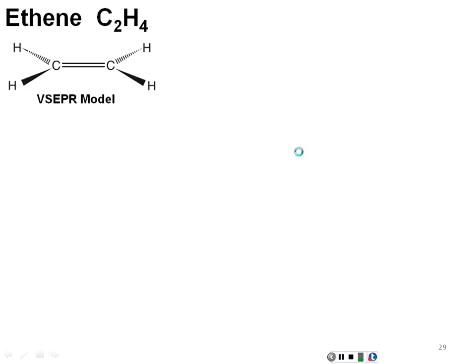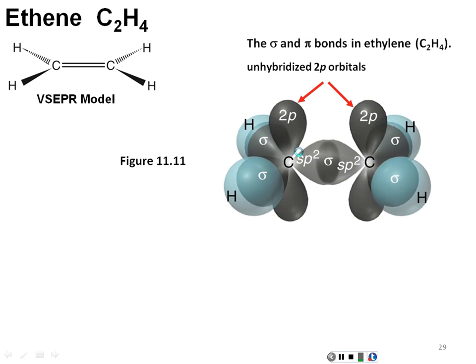So let's look at ethene this time, when we remove 2 hydrogen atoms and a carbon-carbon double bond is now formed. So our VSEPR picture of the molecule would look like this. And you'll notice that both carbons now have a steric number of 3, so they're going to be sp2 hybridized orbitals.